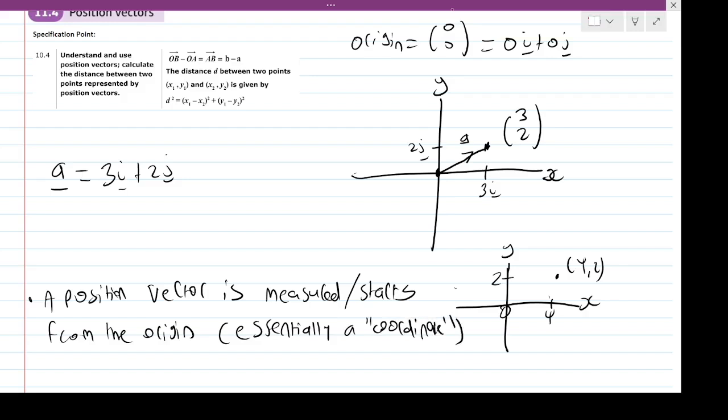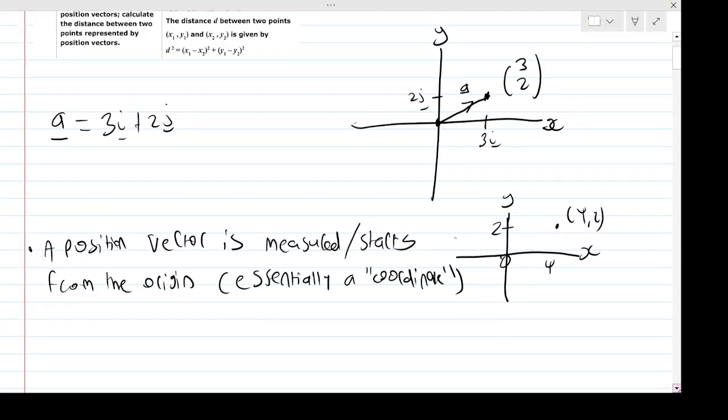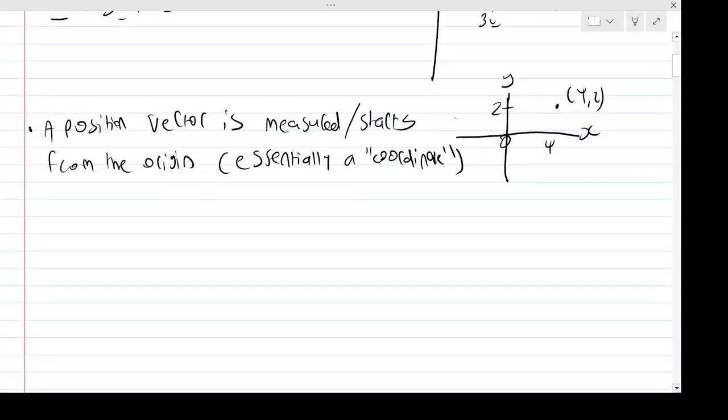It's the coordinate that we know and love in an xy grid, and the vector version of that is a position vector. A position vector just tells us the position of a point from the origin. So that's a position vector.